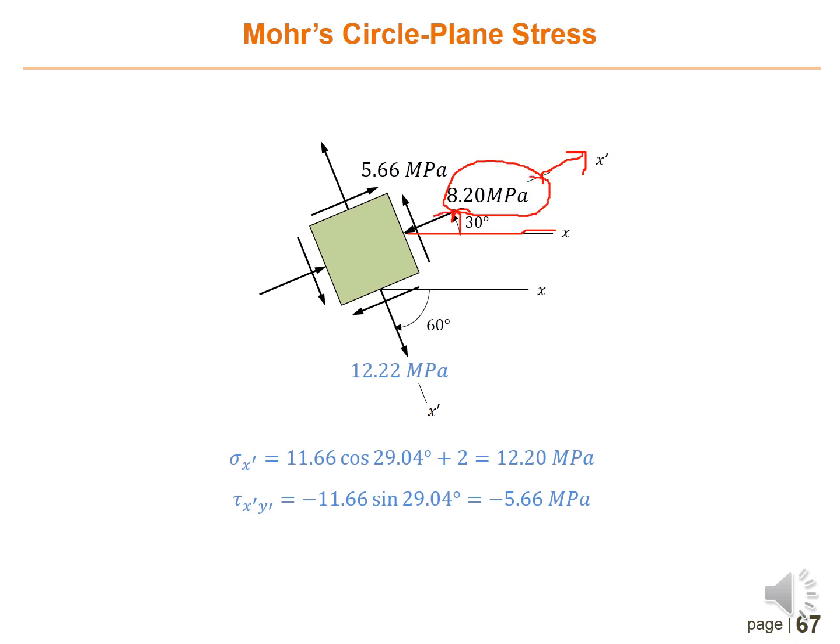The direction of the stress is inwards because it is negative. And here we have tau xy, which is equal to the positive value of 5.66 megapascal. Positive is in this direction.